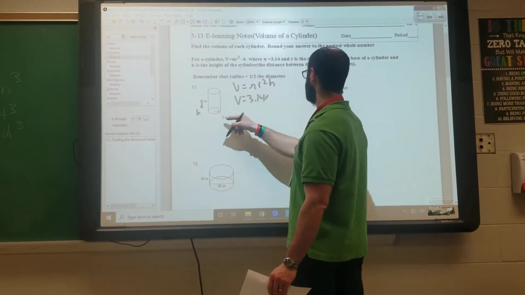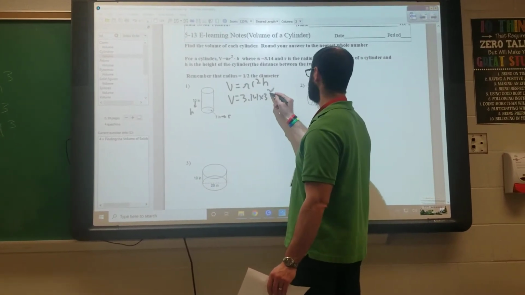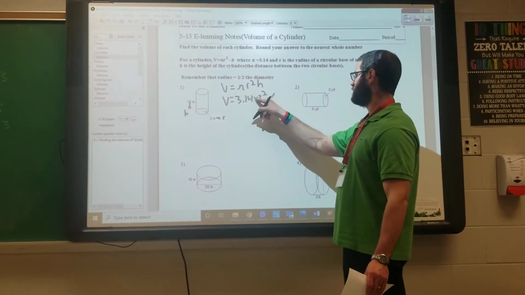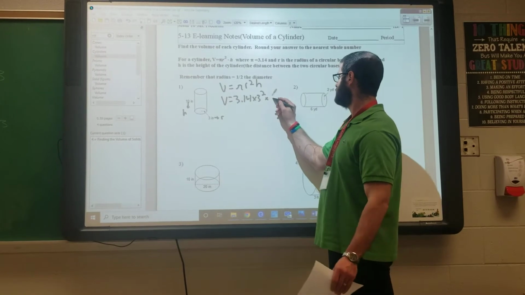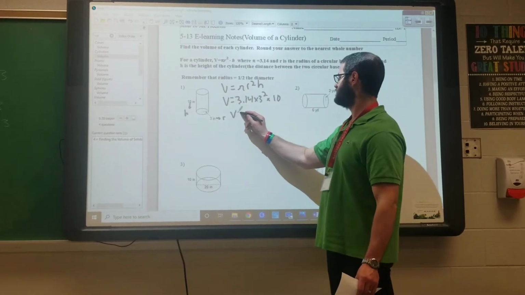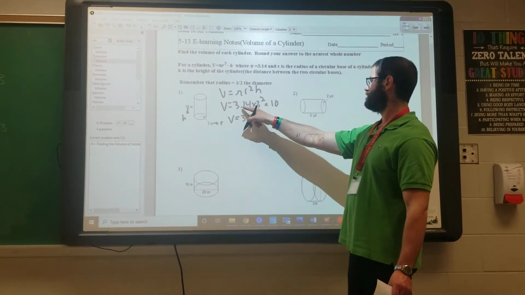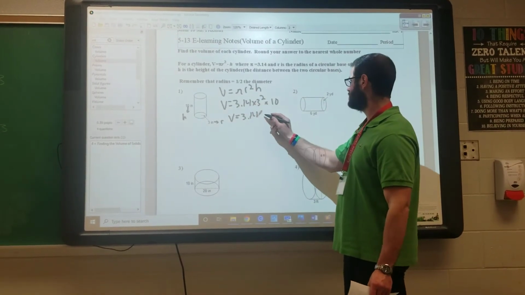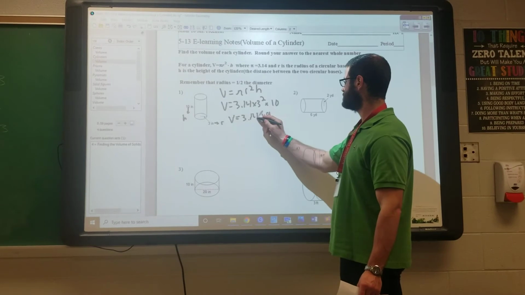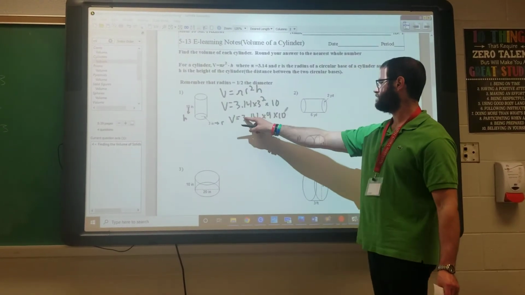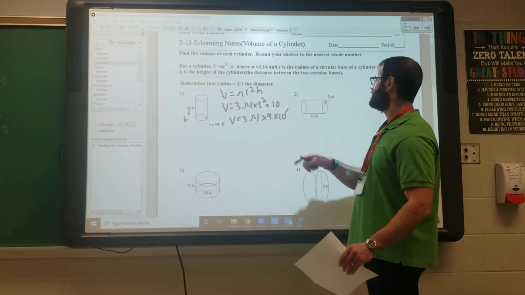R squared, so 3 squared, times the height, which is 10. Before I do any multiplying, I simplify the exponents. So 3.14, 3 squared is 9, so times 9 times 10. Now I can multiply those three numbers together: 3.14 times 9 times 10.